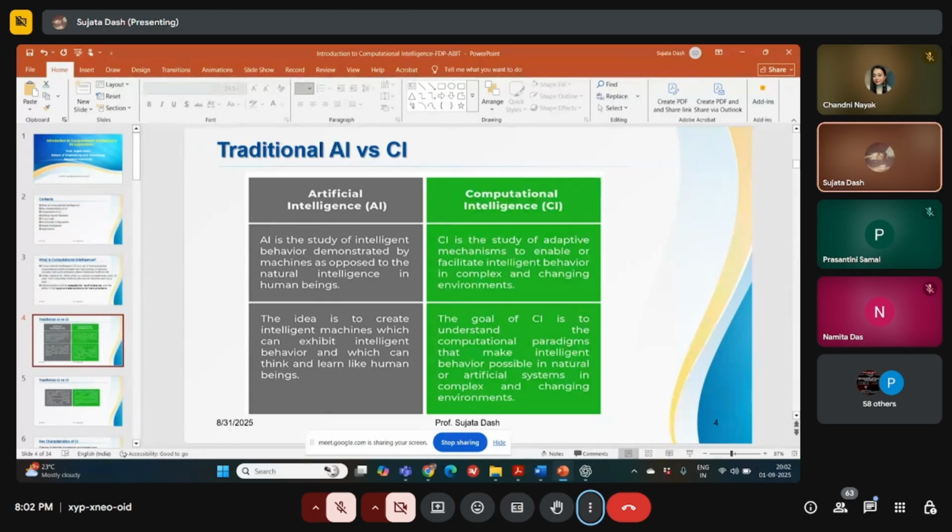For example, a self-driving car using neural networks adapts to traffic, weather, and unpredictable road conditions. This is an example of CI, and these are the differences if you compare AI with CI.